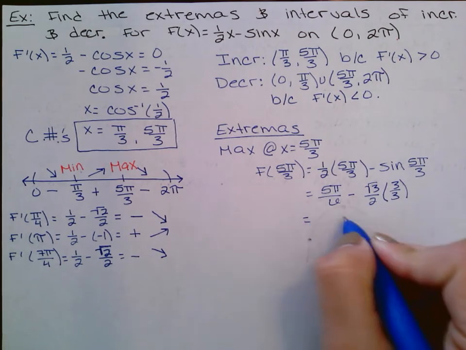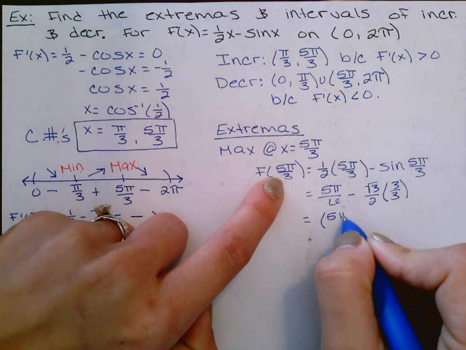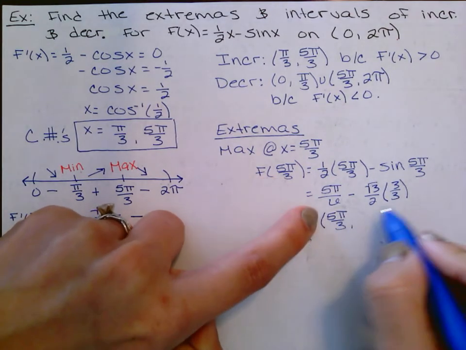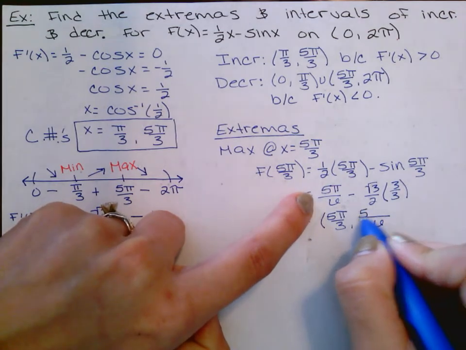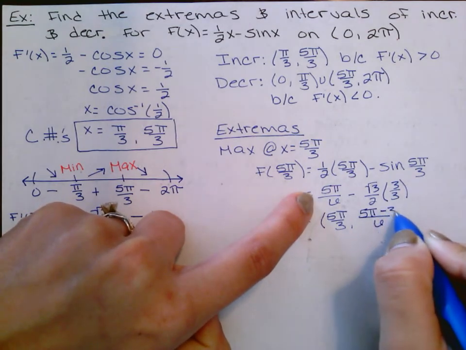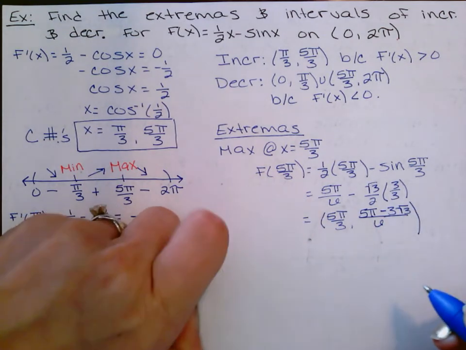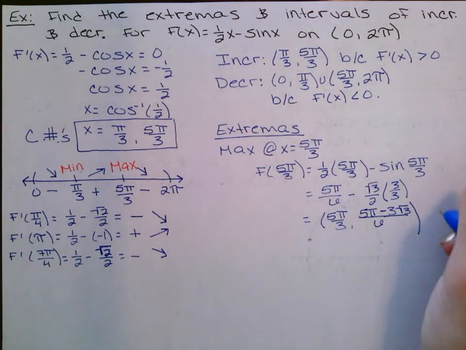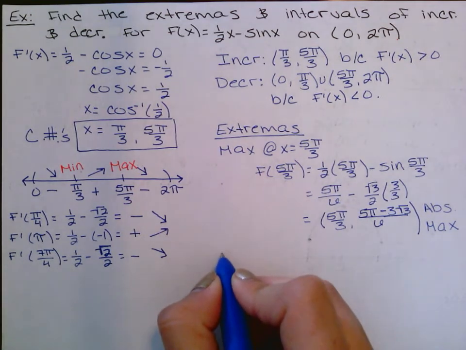So I end up with my x value was 5 pi over 3, comma, common denominator of 6. I have 5 pi minus 3 radical 3. Again, you won't be expected to clean it that much. I just wanted you to have a nice definite answer there, okay? And because it's my only max, I can call this my absolute max. Another synonym you might see is a global max. Okay? Let's do the justification.